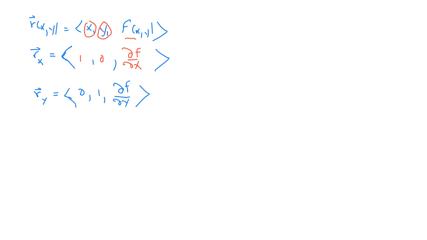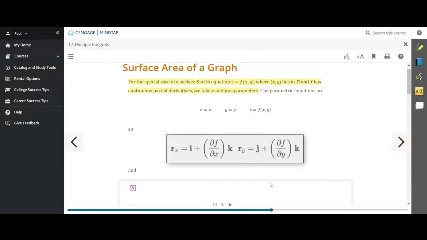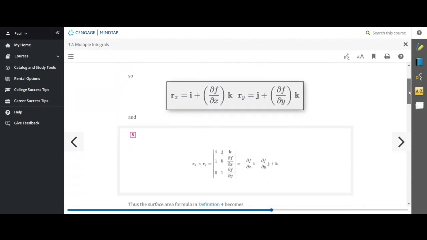So now, given that, we'll go back to the book. This is how they get that. They wrote those derivative vectors with i, j, k components; I wrote it in component form, but you know where it's coming from. We're finding a general formula wherein z is a function of x and y.